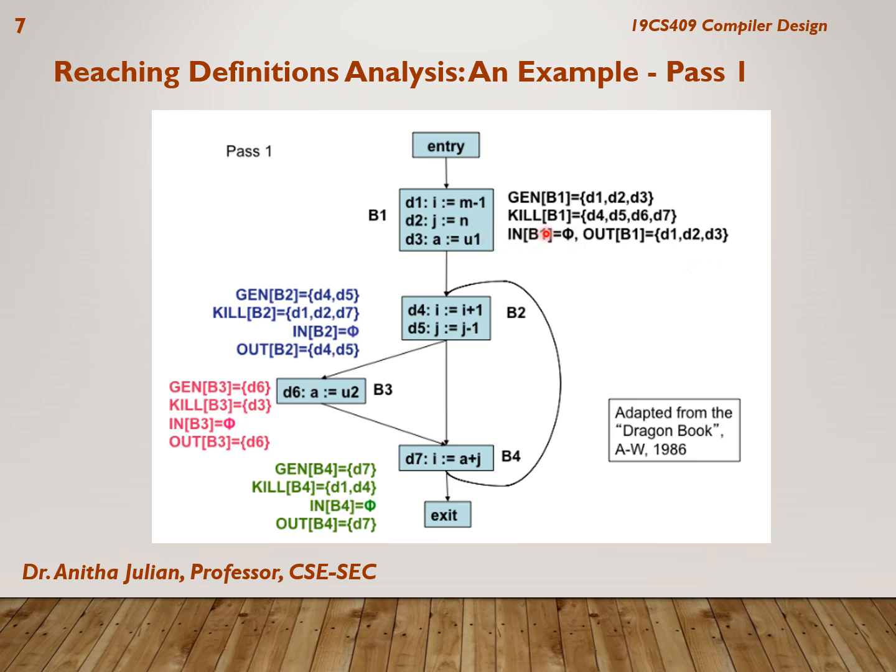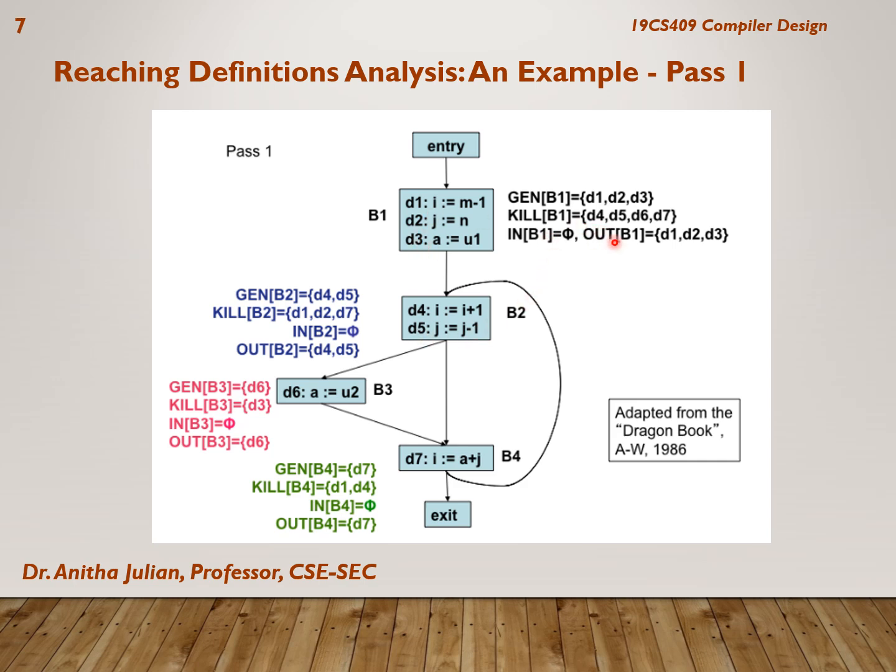What about kill? As I told you, if the variable is getting redefined elsewhere, then that is defined as kill. So here in D1, I is created, J is created in D2, A is created in D3. If I take I, it is reassigned in B2. You can see here D4 is I equal to I plus 1. It is redefined, so in kill we put D4.